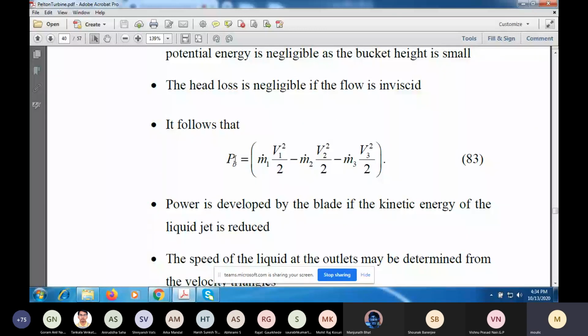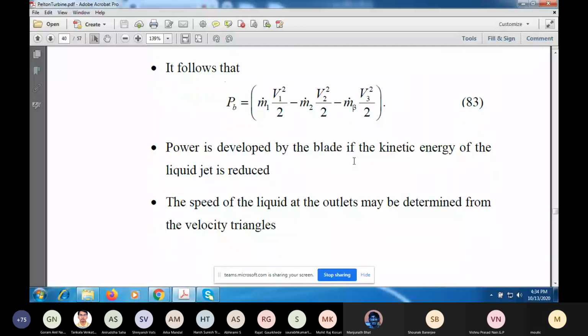So we come up with a simple equation that the power developed by a single blade is the kinetic energy flowing into the control volume minus the kinetic energy flowing out of the control volume. Now we need to determine the speed of the liquids. At the inlet, you know V1 is Vj, the absolute velocity of the fluid jet coming out of the nozzle.